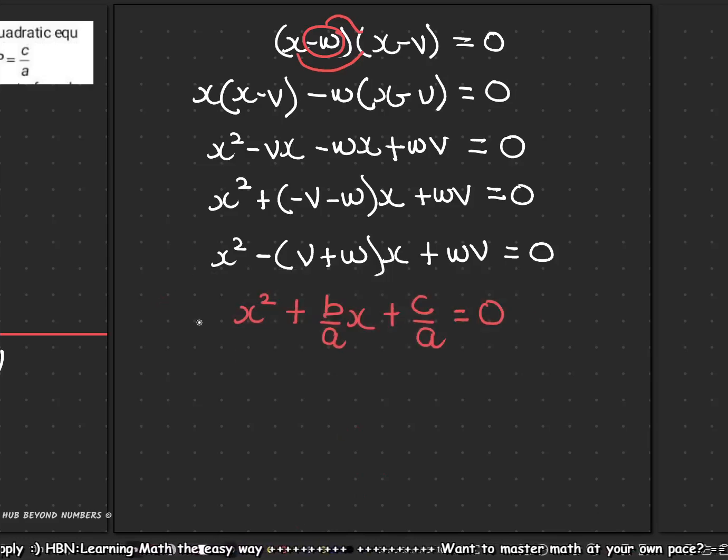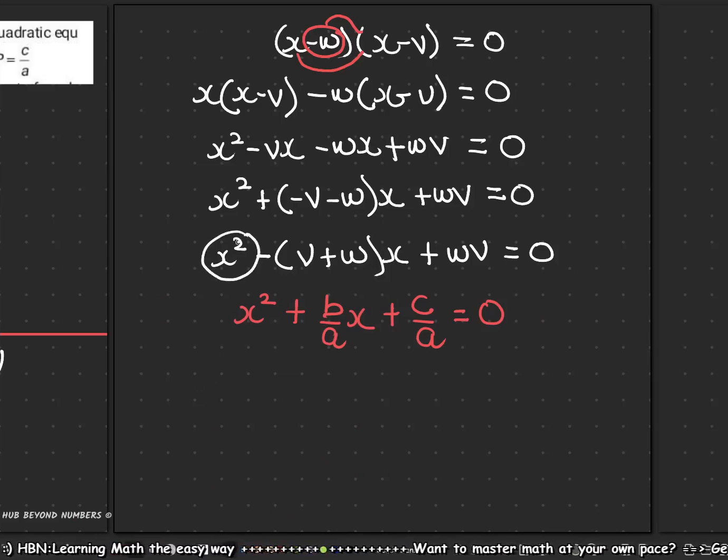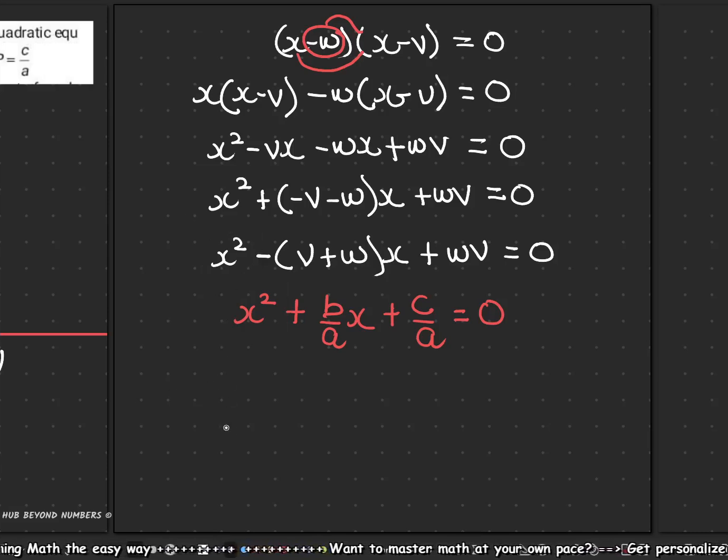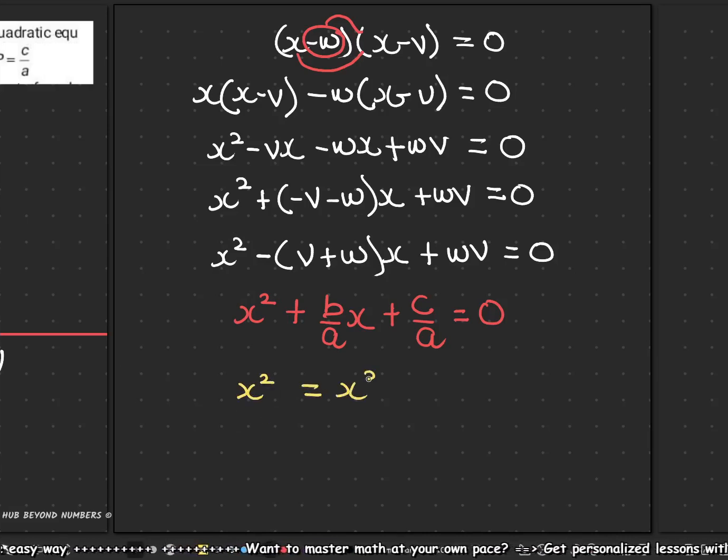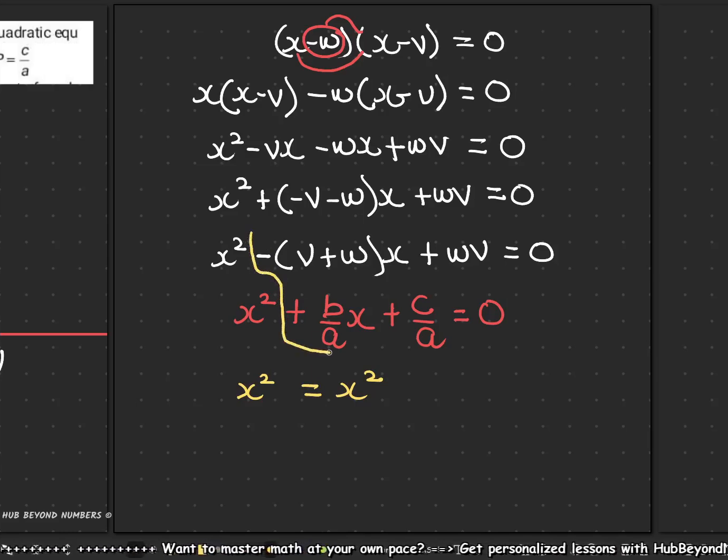As you can see, the x's are on their own. Easy. So we can say that, well, x squared is equal to x squared. Now, if we are to compare the next terms, easy.